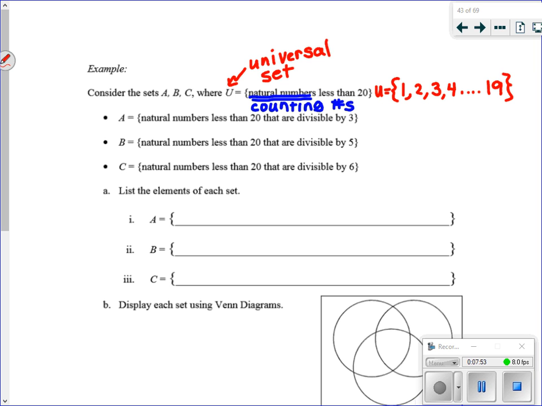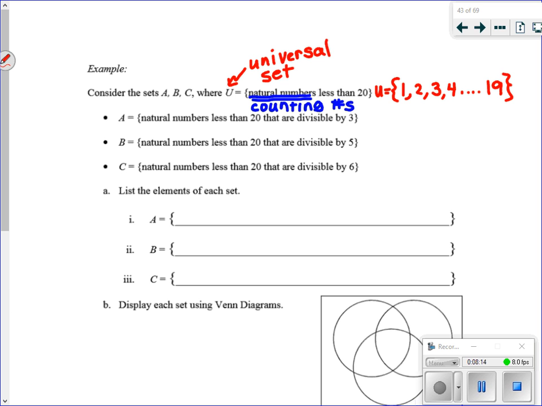Then we have defined sets A, B, and C. Set A is natural numbers less than 20 that are divisible by 3. B is natural numbers less than 20 that are divisible by 5. And C is natural numbers less than 20 that are divisible by 6.